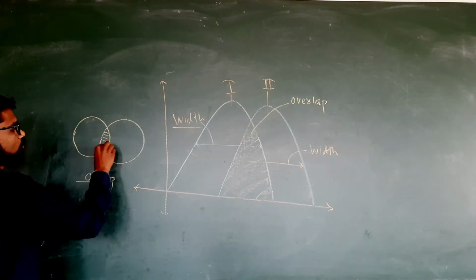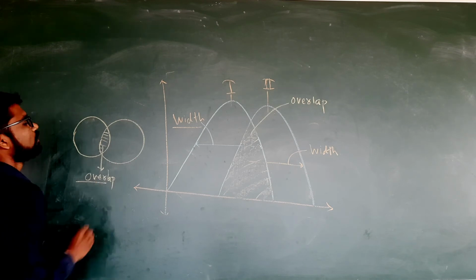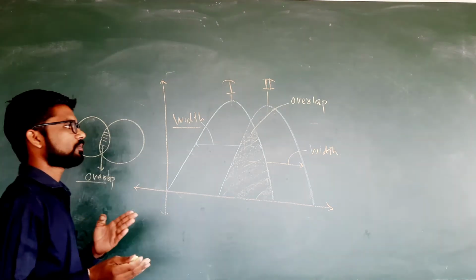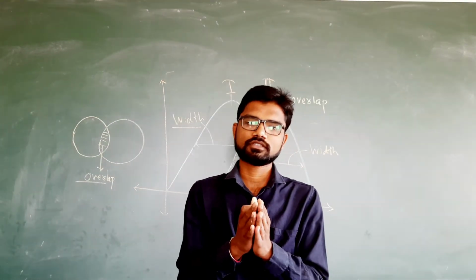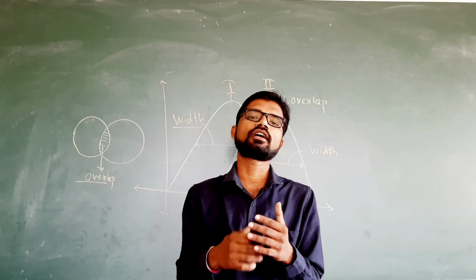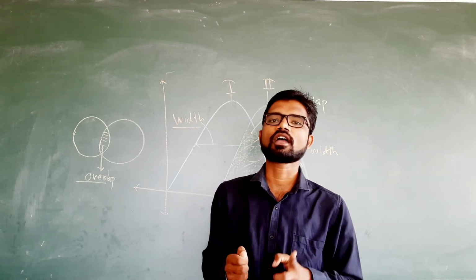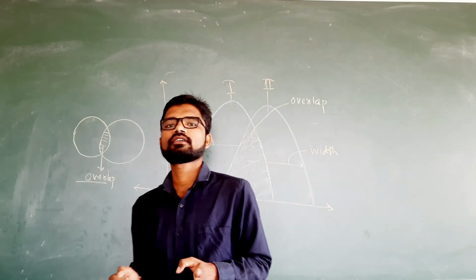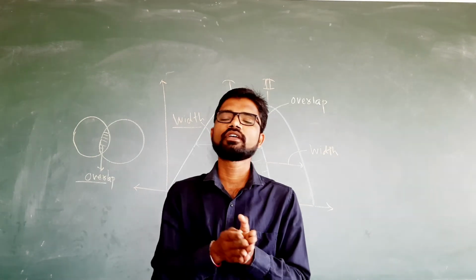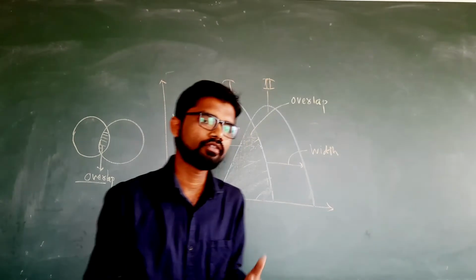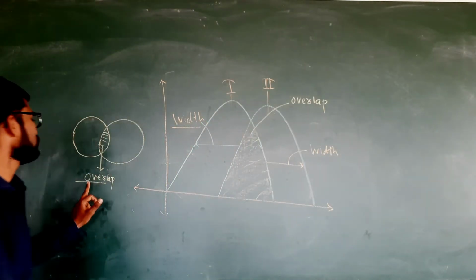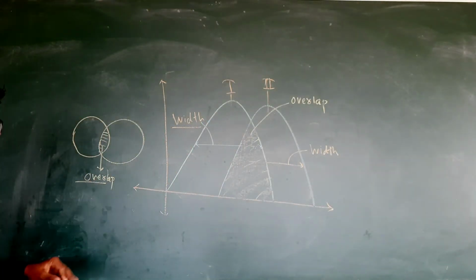What happens when overlap takes place? The microhabitat has the same animals, two animals living in the same habitat. The area where two animals survive in that place is called the overlapping area.